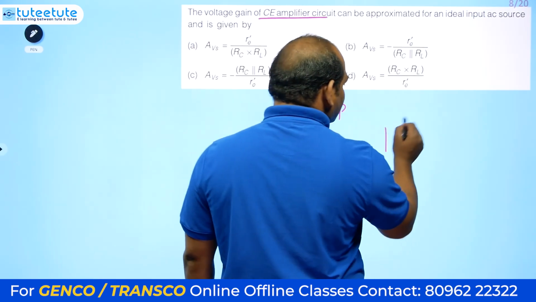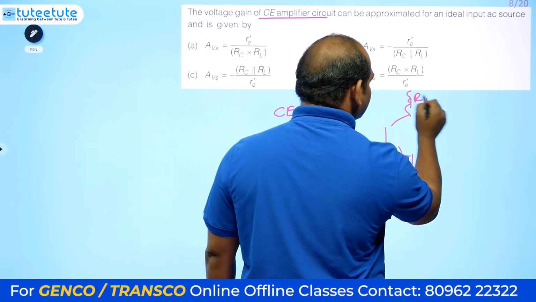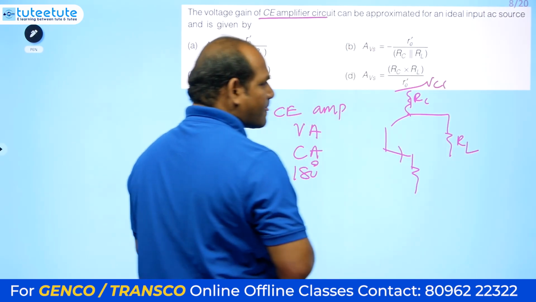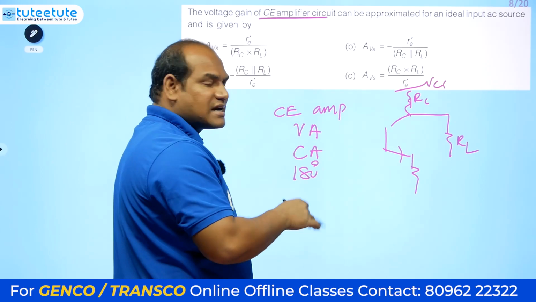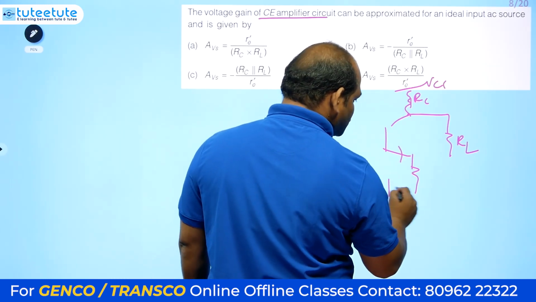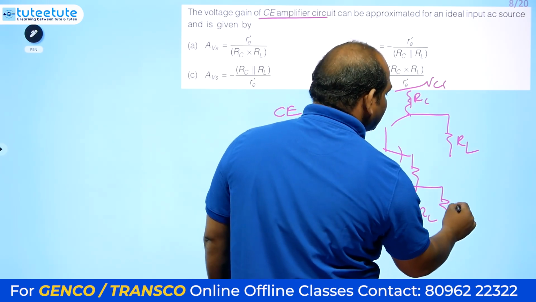And if you take one circuit, this is RC, this is VCC, and here for example load resistor RL is there. If you draw the low frequency analysis of this one, the DC source we have to make 0. So here the RL resistor will be there, and this RC will be coming in parallel with RL.